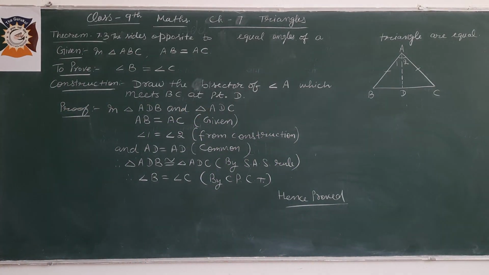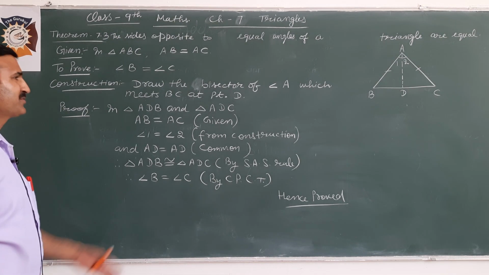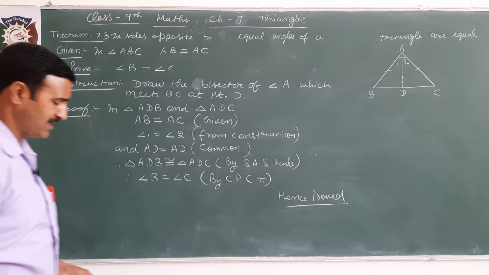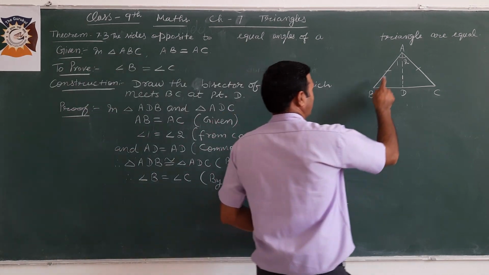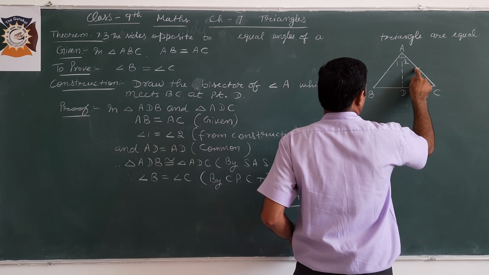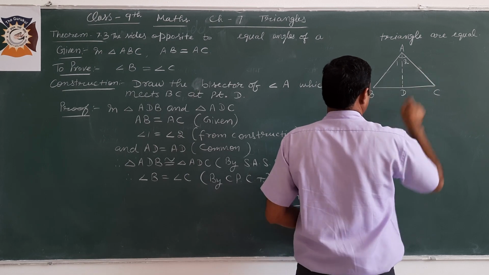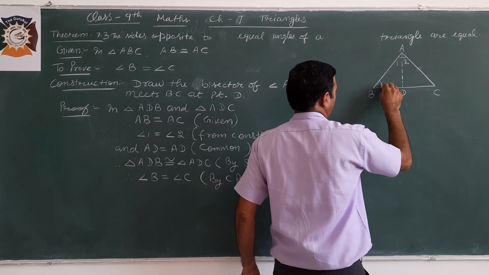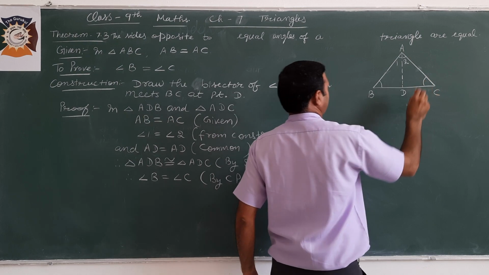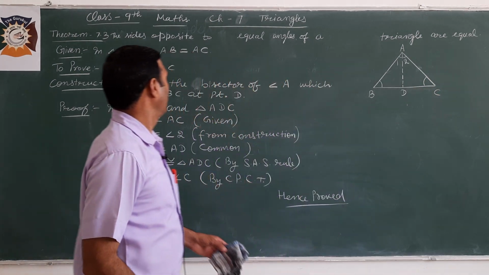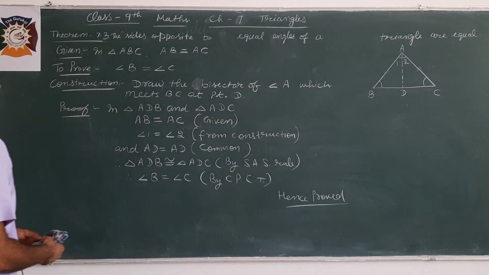The triangle will be isosceles, but the definition of isosceles triangle is if two sides are equal, then the triangle is isosceles. So, in the figure, this is not given. These two sides are not equal, but these two angles are equal. This is given. So, what is given?